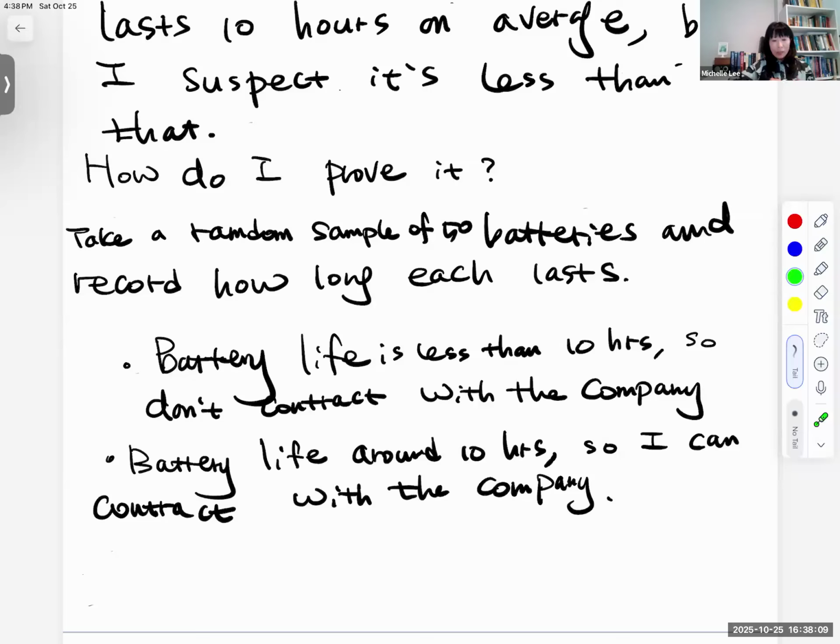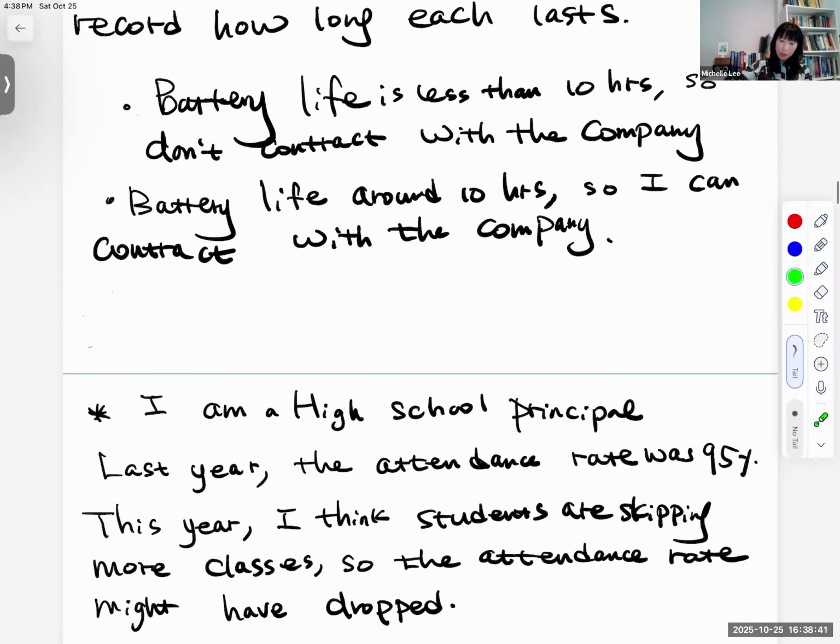Okay, so take a random sample of 50 batteries and record how long they last. If the battery life is less than 10 hours, then I don't want to contract with the company, because I want 10 hours or more of battery life. If the battery life is around 10 hours, absolutely, I want to contract with the company. Make sense?